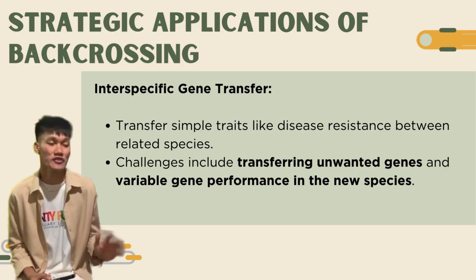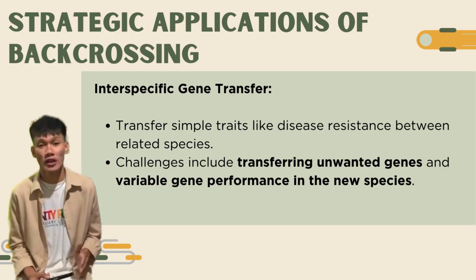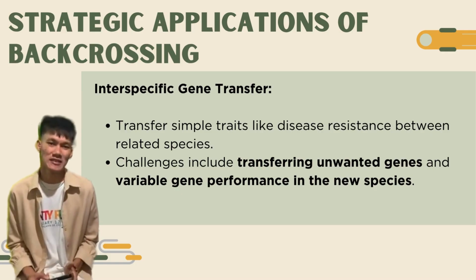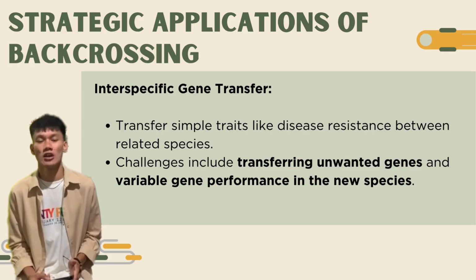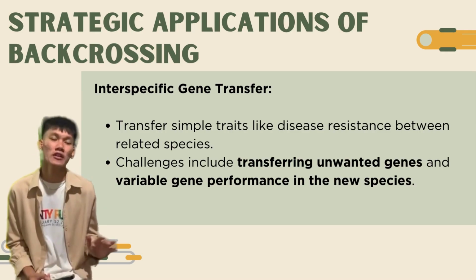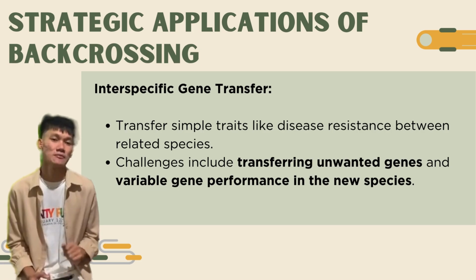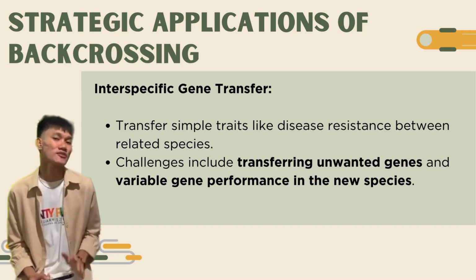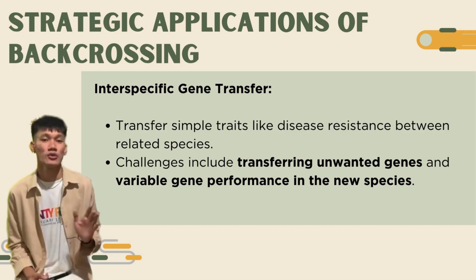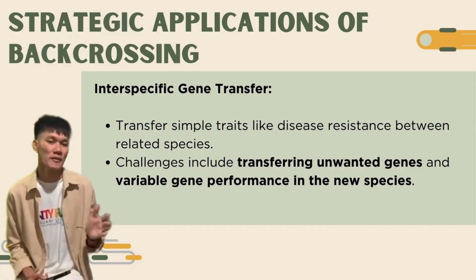Also, the transferred gene may not work as well in the new species because of differences in genetic background. It might express differently or less effectively. Breeders have to carefully select and backcross multiple generations to keep the good gene and remove the bad ones.